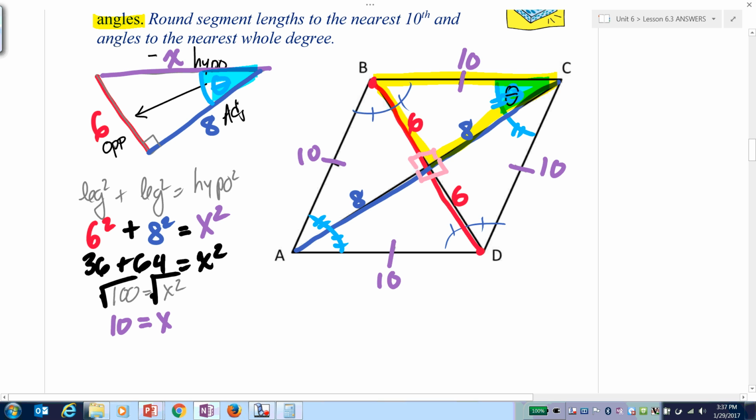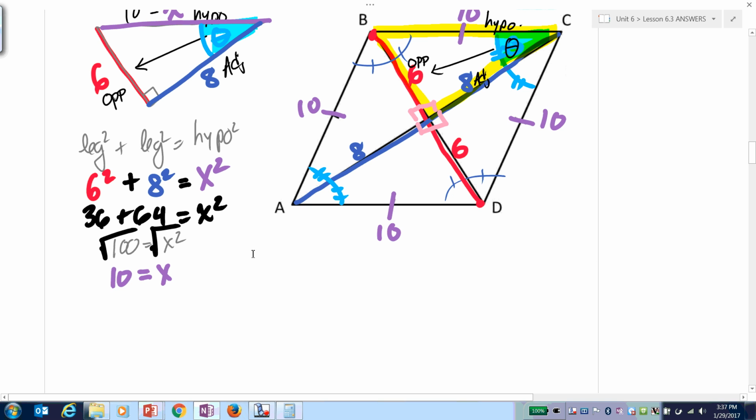Now that we have our opposite, our adjacent, and our hypotenuse, we could use any one of the inverse sine, inverse cosine, or inverse tangent. Any one of these would work if you have all three sides. You don't have to use all three of them. Choose whatever makes sense to you.